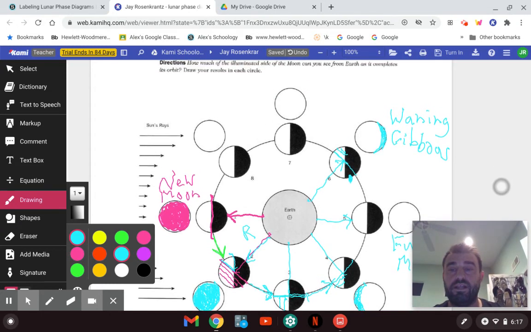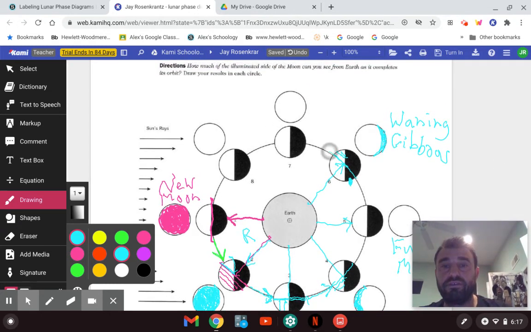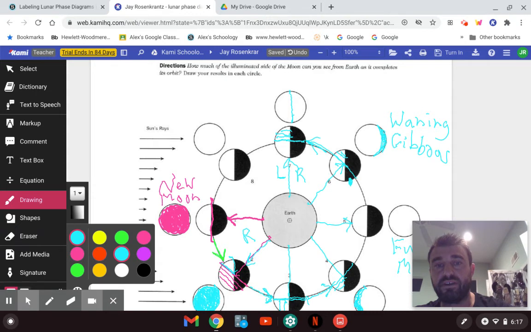All right. Then it moves to position 7. And when it gets to 7, we see half of the lit side of the moon. And the far side here is not visible. So once again, we're seeing half of a half. So this is called a quarter, right? But if you're looking up this time, now it's really clear that the light that we see is on the left and the darkness is on the right. So this one is the easiest to draw when it's on the top because it's exactly what you're seeing in the diagram.